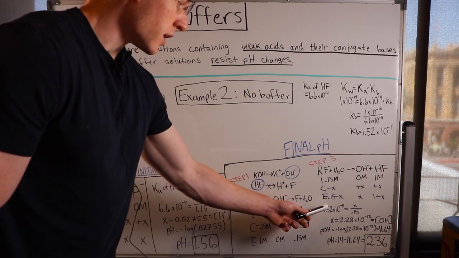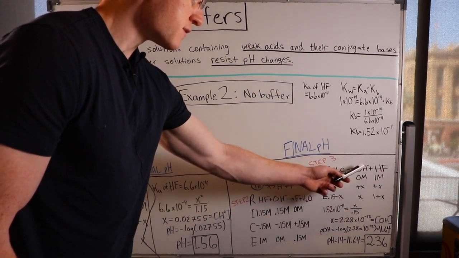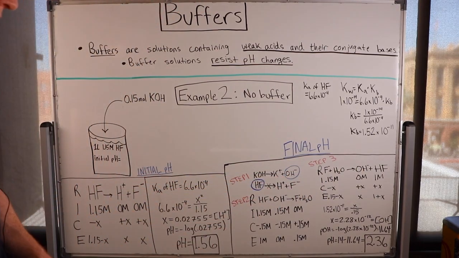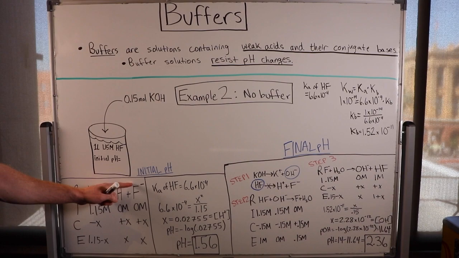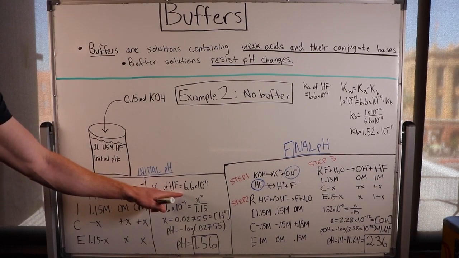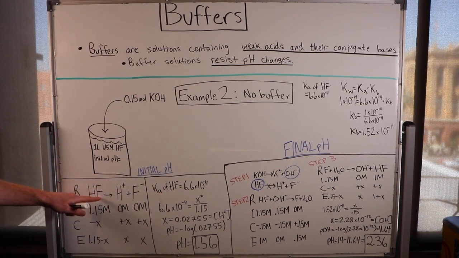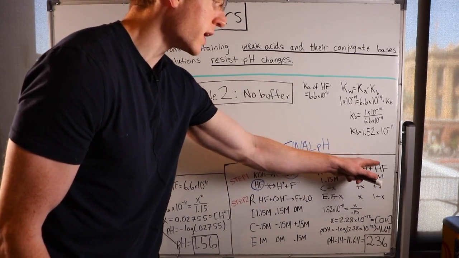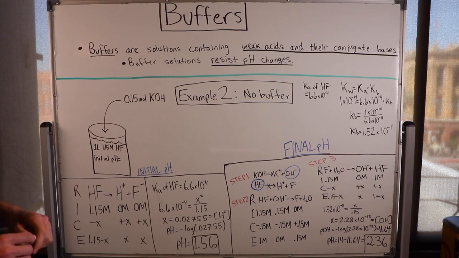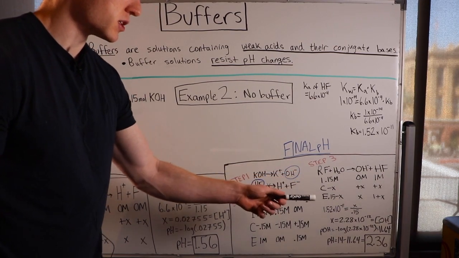And then in this case, we actually have to use HF's Kb because Ka describes HF going to H plus and F minus, right? That's why we used the Ka for this RICE table. But here we're going from HF, F minus to HF, so it's reversed. So in this case, we actually have to use the Kb for HF.